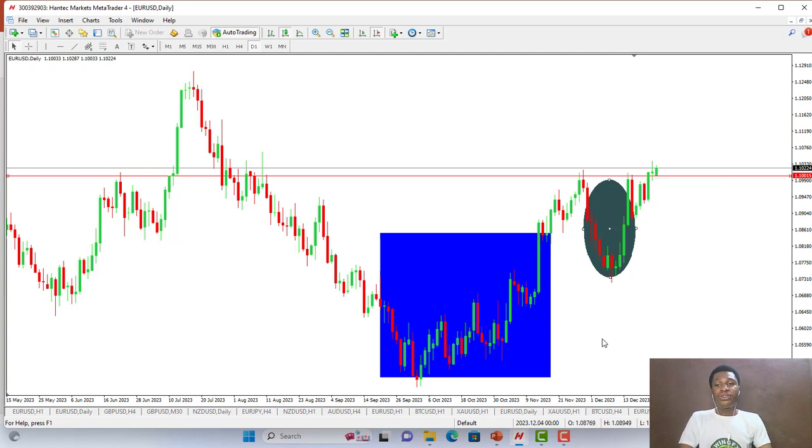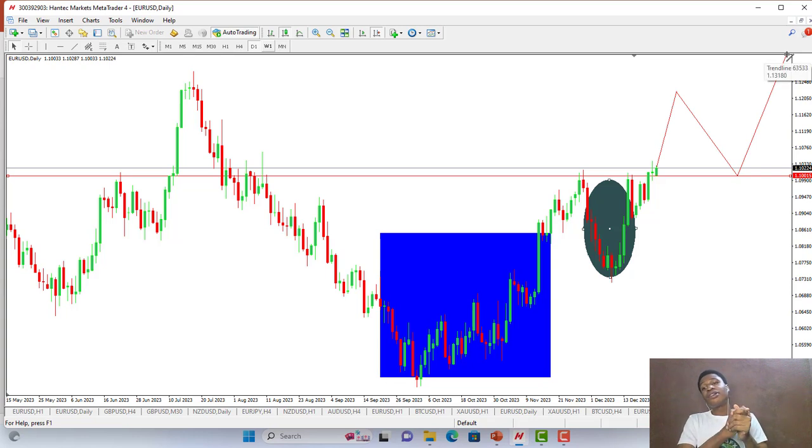Another way you can trade it is the conservative way. Allow the market to break, then allow it to make a retracement back to the place it was coming from, giving you a candlestick confirmation.